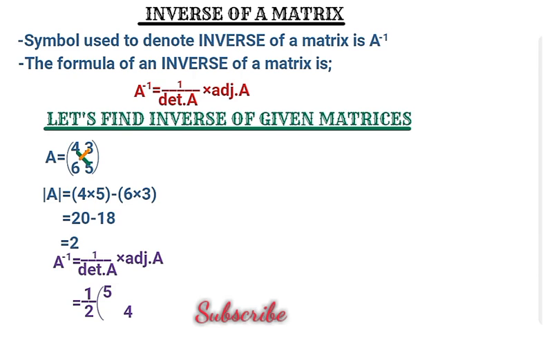So 3 is positive, so it will become negative, and 6 is positive, so it will become negative as well. Then I'm going to close the bracket and underline it. So this is the inverse of matrix A. We have found the inverse of matrix A.